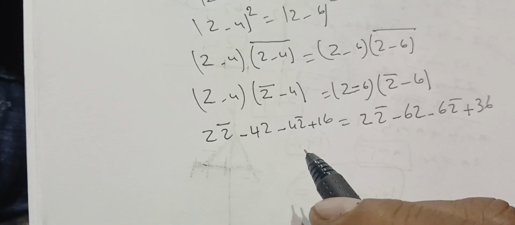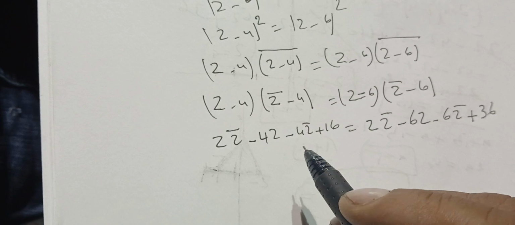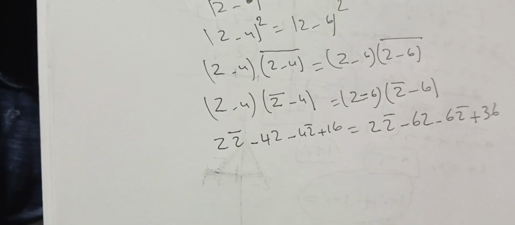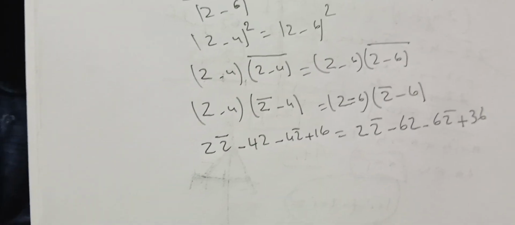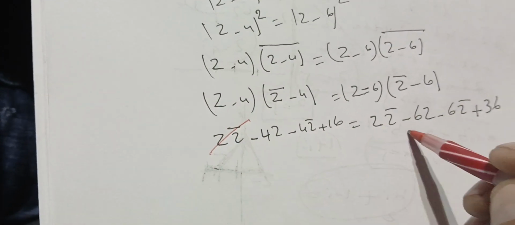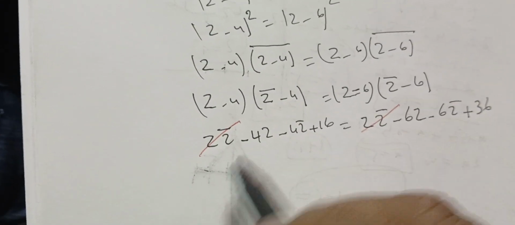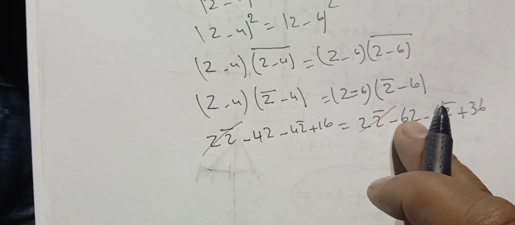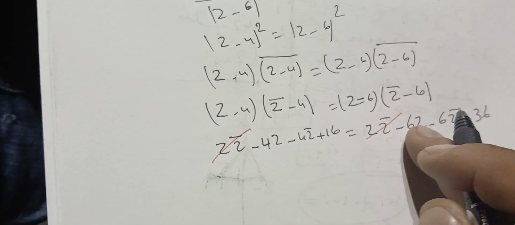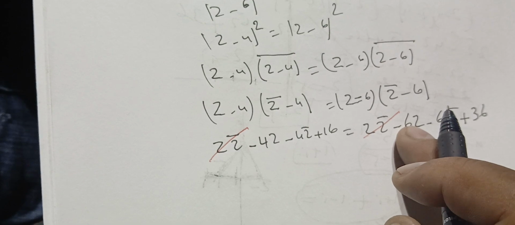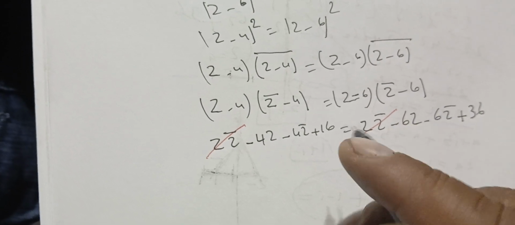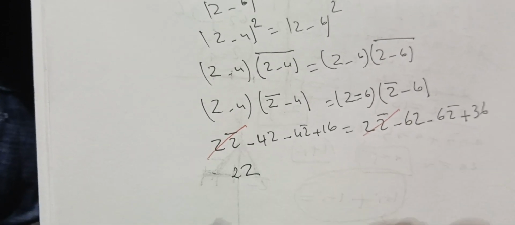There are some elements that we can cancel out, like this one here. Taking elements to the same side, we add 6z to both sides, and we get 2z.